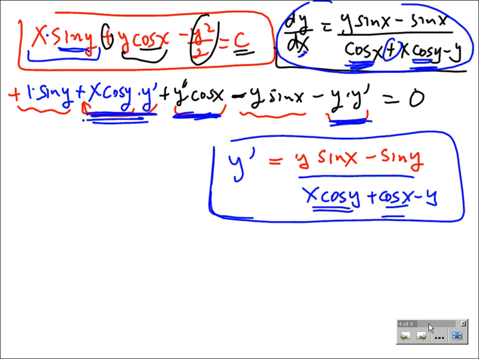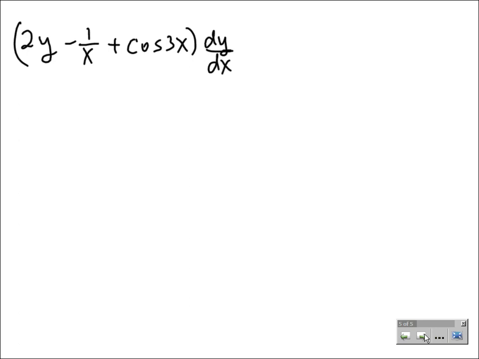Let us try another differential equation. Suppose that you are told that (2y minus 1 over x plus cosine of 3x) times dy/dx plus y over x squared minus 4x cubed minus 3y sine of 3x is 0.